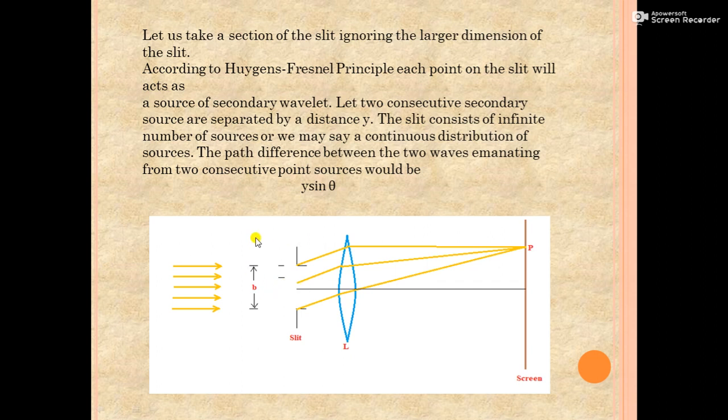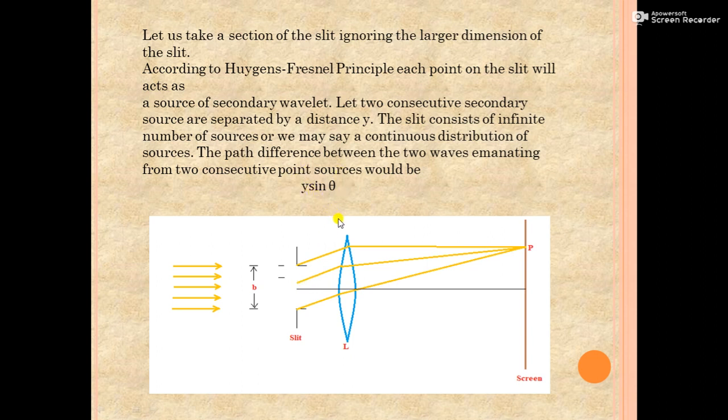Okay. If we consider some point which is at an angle theta away, the secondary waves are going to contribute through a phase difference. That phase difference is due to the path difference. If we consider these two waves and draw a perpendicular on the line, then this distance is the path difference between two consecutive waves, and that path difference is equal to y sine theta.